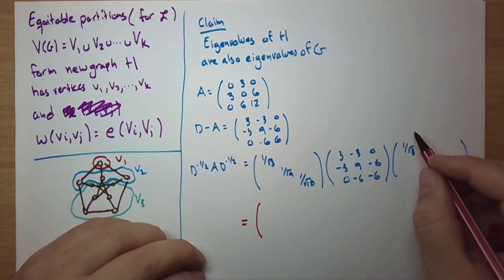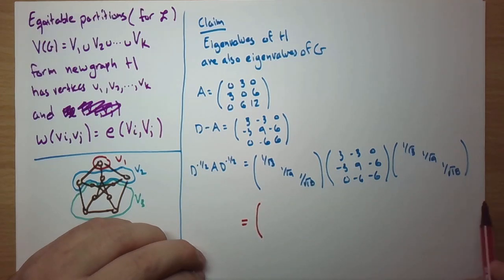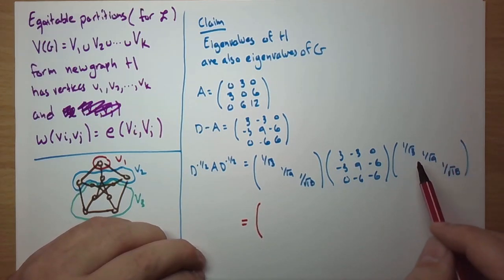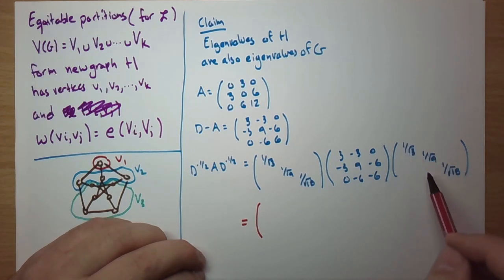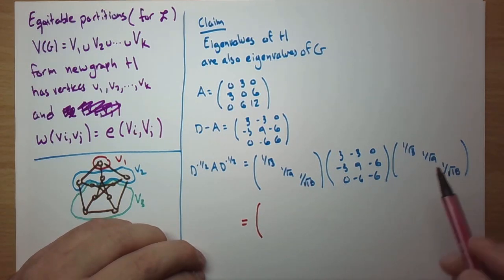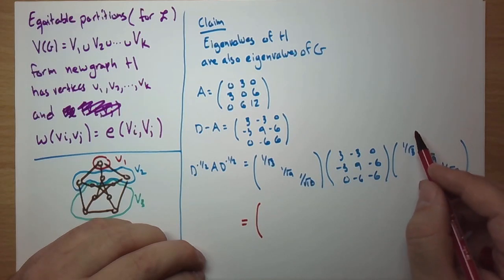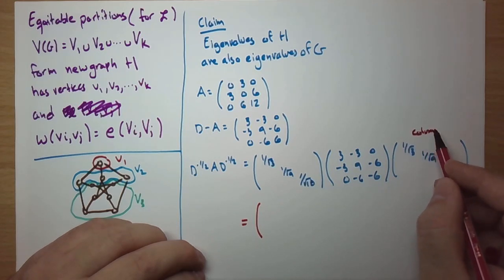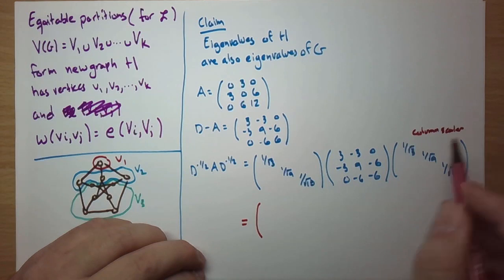Oh, someone's using their technology. So, how are you multiplying first? Well, let's just do them all at once, right? But think about it this way. When you multiply by a diagonal matrix, on one side you're scaling the columns, and on the other side you're scaling the rows. And so I believe this is the column scalar. Okay, good.